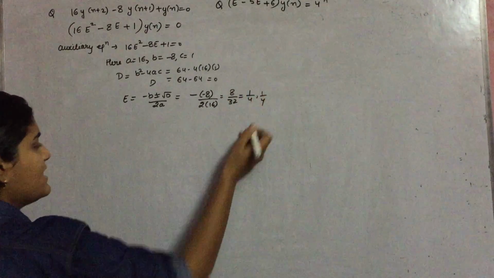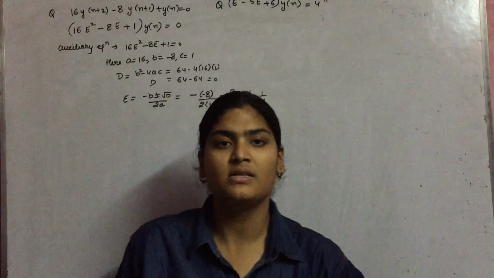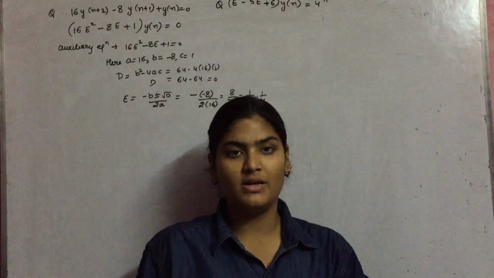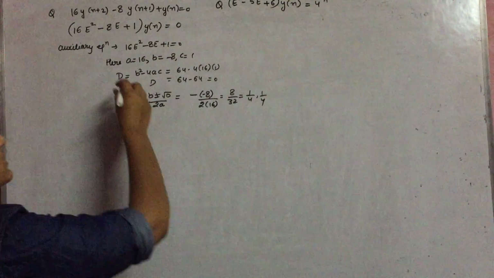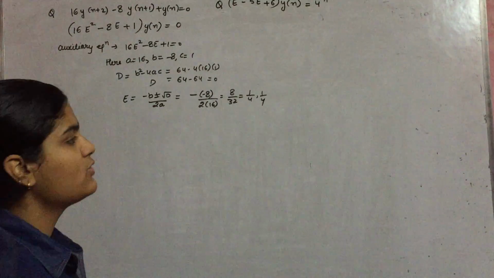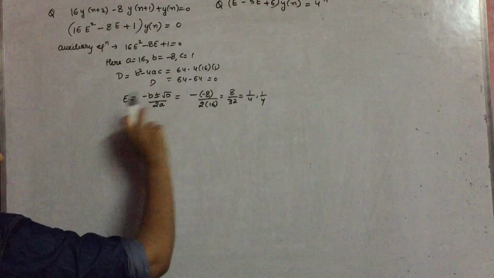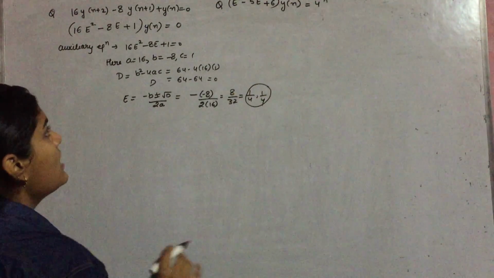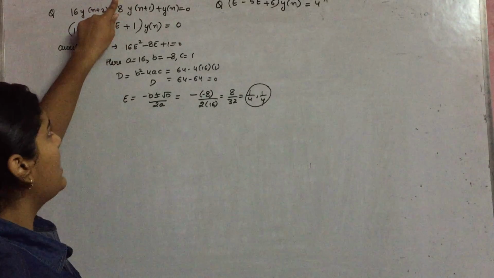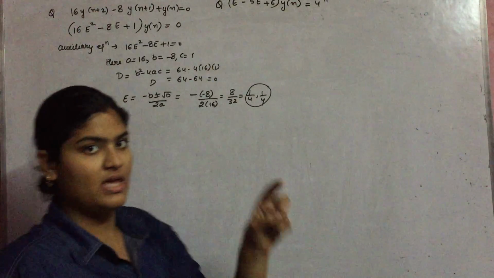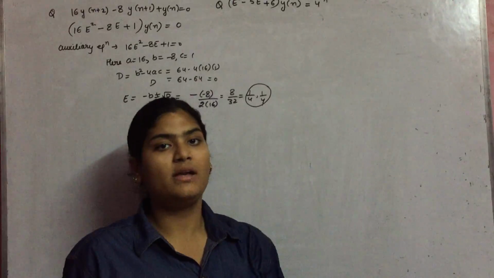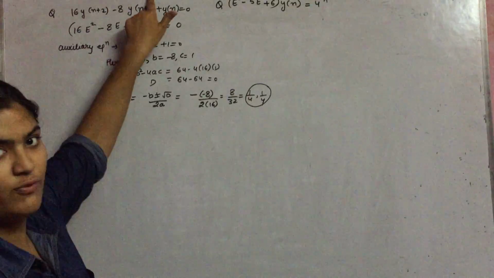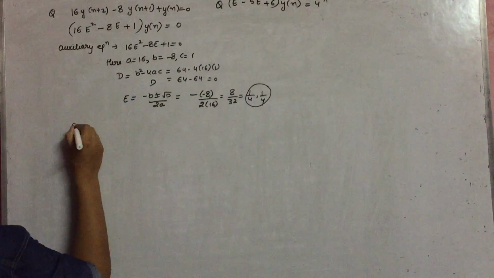So there are two roots. As it is a quadratic equation, it has as many roots as its degree. As its degree is 2, roots are also 2 in number. Now this is your E. You have two equal roots, and there is a formula for this case. If D is 0 and hence you have the same roots, then you have to apply this formula for the solution of the equation.